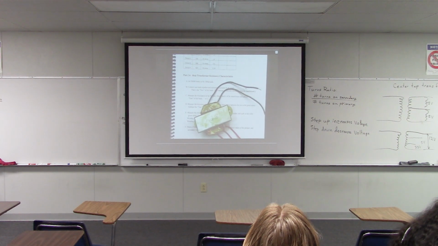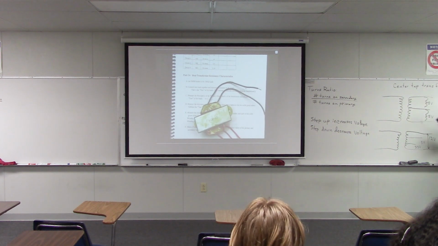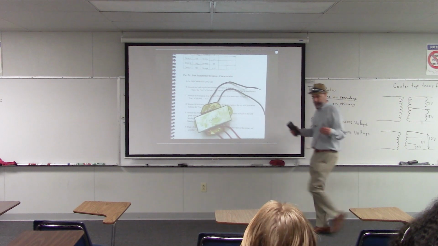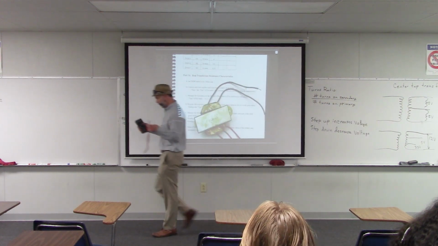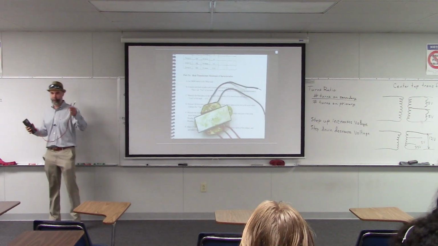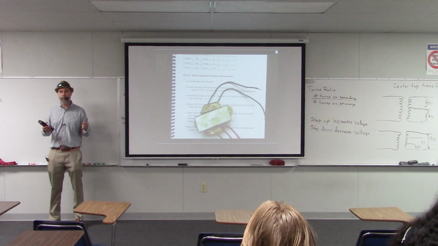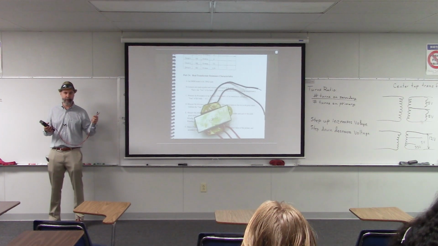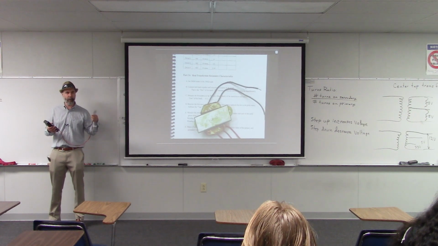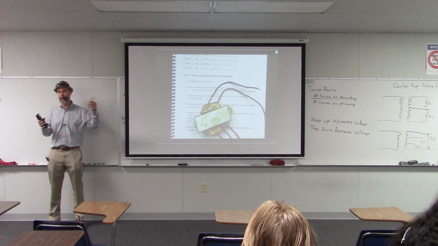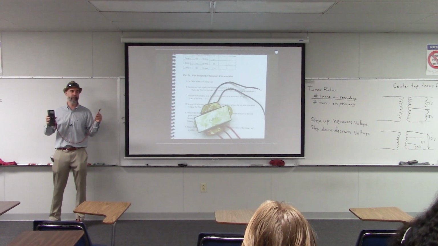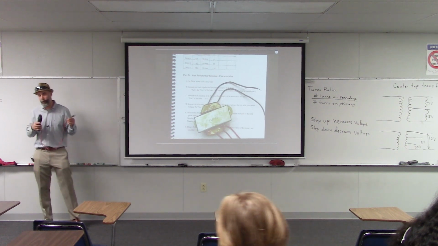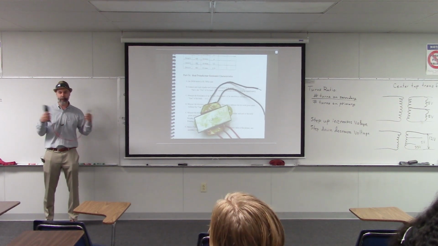So if we're measuring the resistance of those coils, and the meter has these leads that are also wires, we won't really know for sure whether we're measuring the resistance of the wire in the coil or whether we're measuring the resistance of the wire in the leads on the meter.